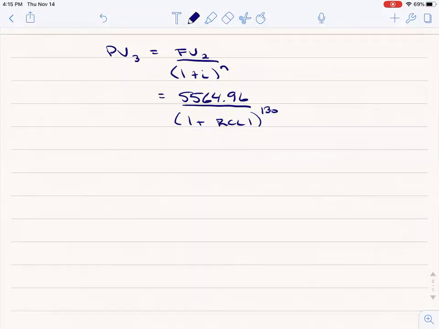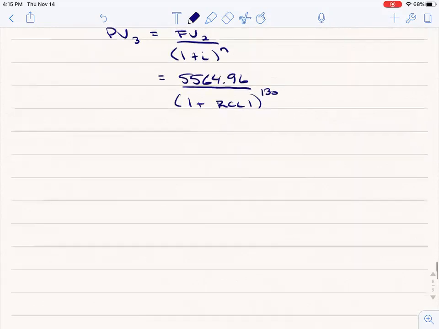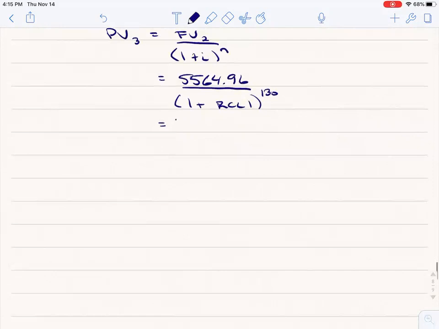So I'm going to do 1 plus recall 1 to the power of 130, and then 5,564.96 divided by that previous answer. And I get 4,790.219662, which in money is 4,790.22.